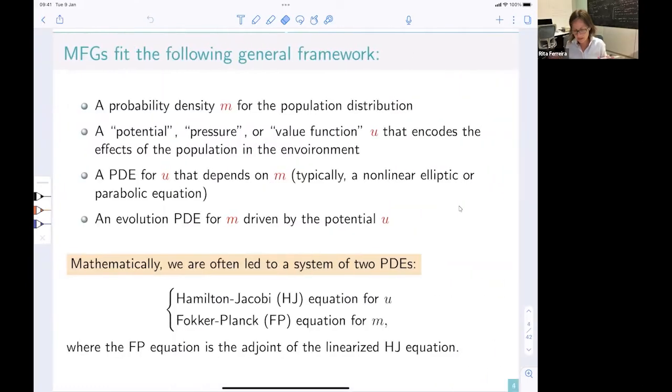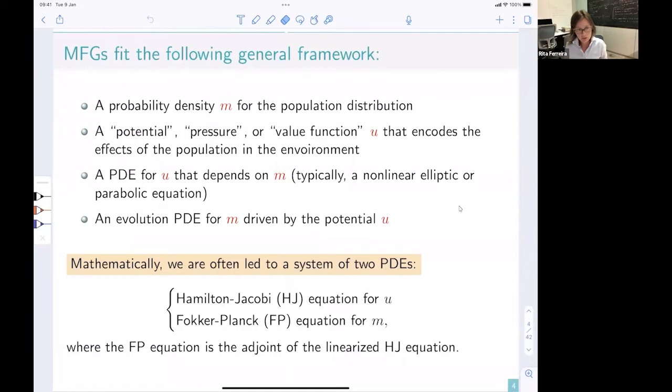And the general framework of mean field games is as follows. We have an unknown, a probability density M that represents the population distribution. We have another unknown, the potential pressure or value function U, that encodes the effects of the population in the environment.